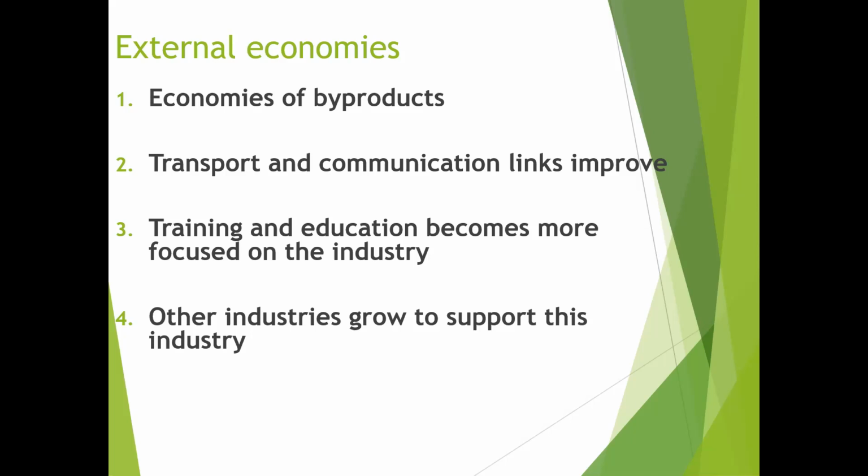These are external economies, right? The next one is transport and communication links improve. As an industry establishes itself and grows in a particular region, it is more likely that the government will provide better transport and communication links to improve accessibility to the region. To give you an example, this MIDC area was not developed.